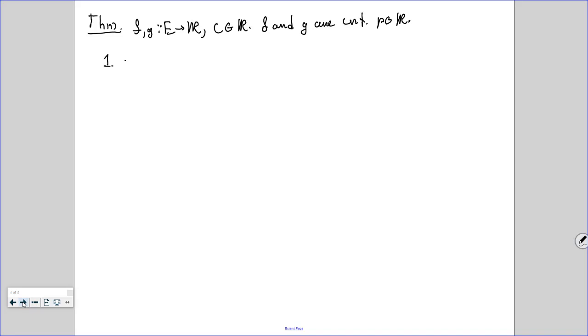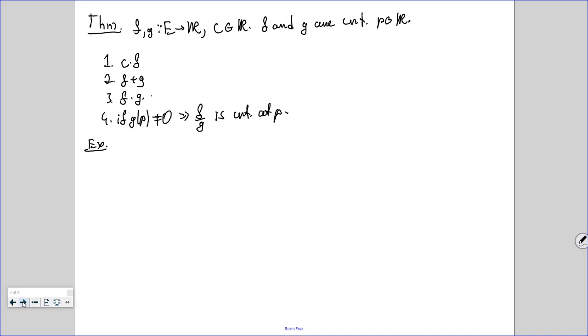Then C times f, f plus g, and f times g are continuous at point p. And if g at point p is not 0, then f over g is continuous at p. We are not going to prove these properties, but they are not difficult to prove.